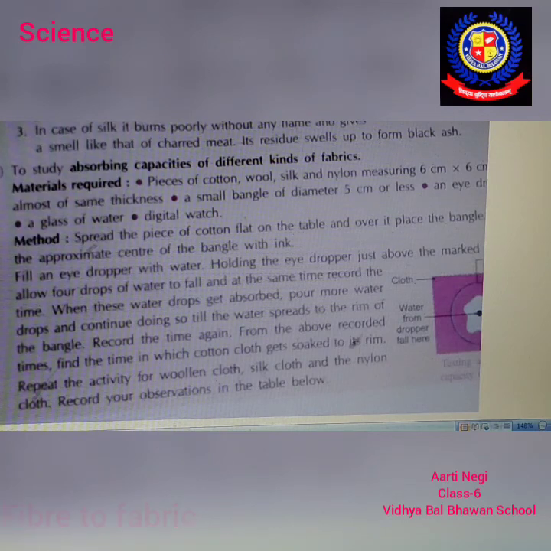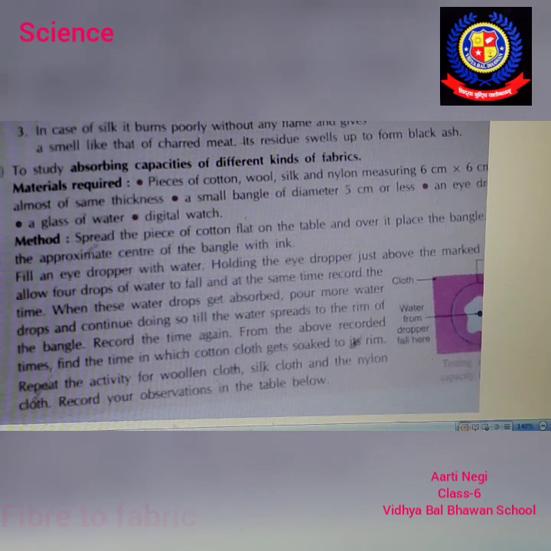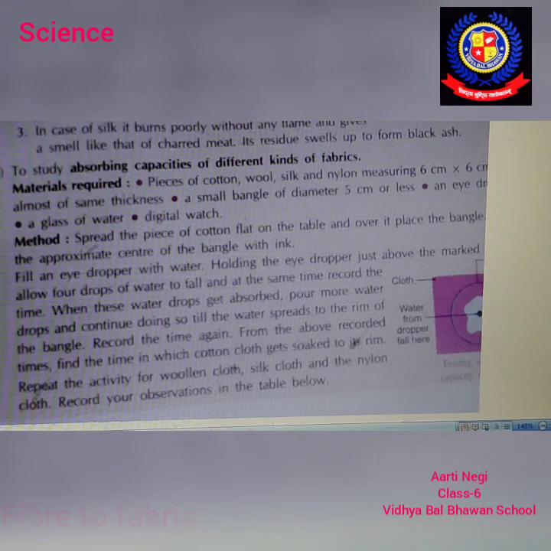And on your next page, page A38, there is a table. You will have to fill this table according to your activity. Activity 3 you have to perform at your home, and on the basis of your observations you have to write down your findings in this table on page number A38.